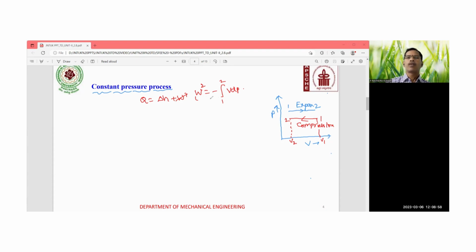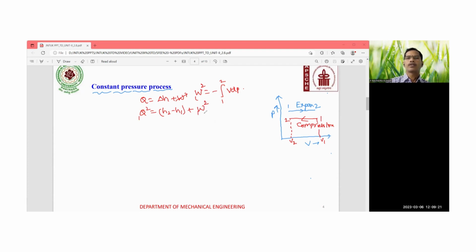So W12 is equal to minus integral of V dP. Here when you apply this, Q12 is equal to H2 minus H1 plus W12, right?